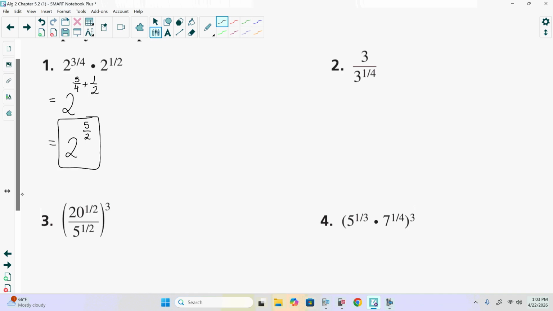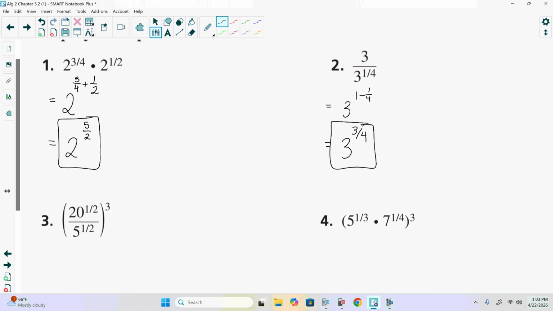3 over 3 to the 1/4. 3 divided by 3 to the 1/4. When we divide like bases, we subtract the exponents, telling us that we have 3 to the 1 minus 1/4. 1 minus 1/4 is 3/4. And we could do the same thing we've done before.